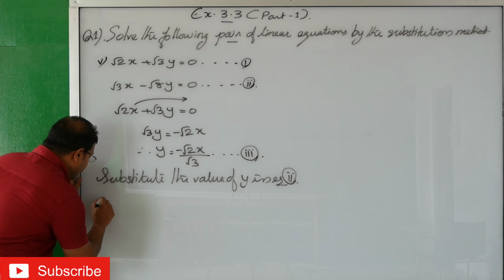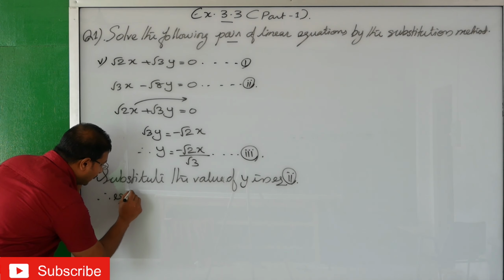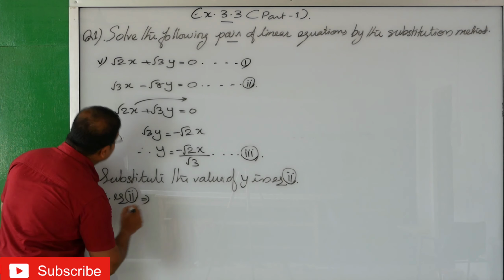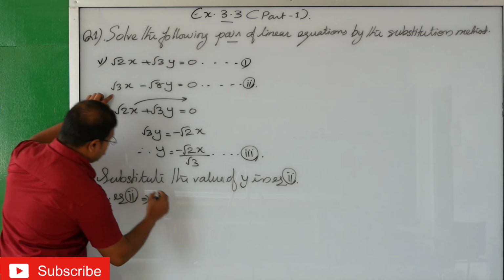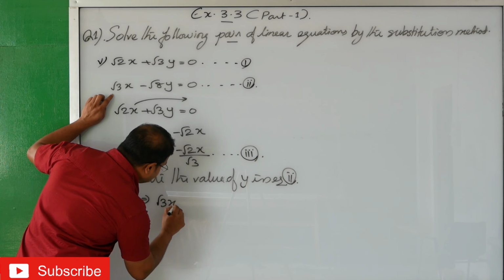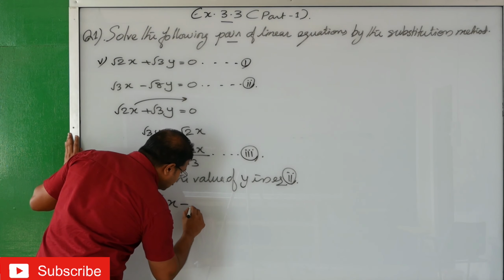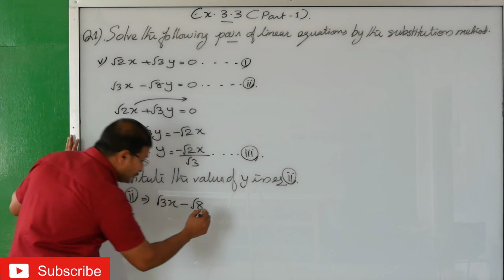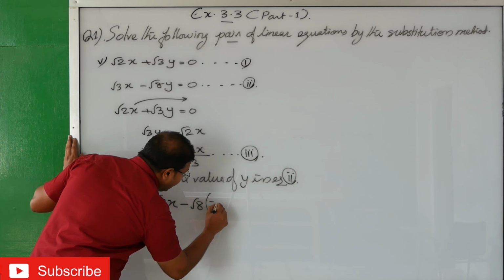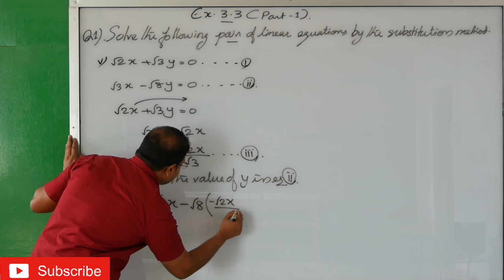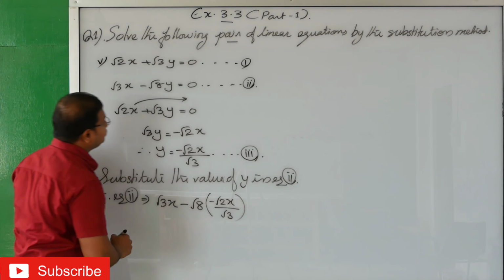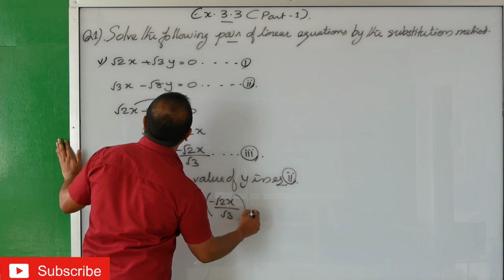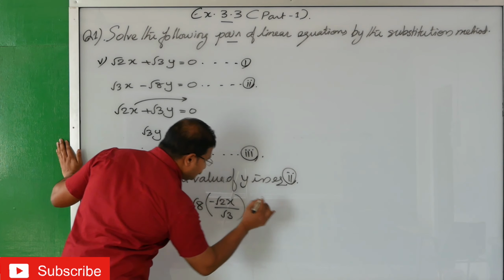Ready? Therefore, equation 2 implies, what is equation 2? That is root 3x minus root 8y. In place of y, what will you write? Bracket minus root 2x divided by root 3 equal to 0.